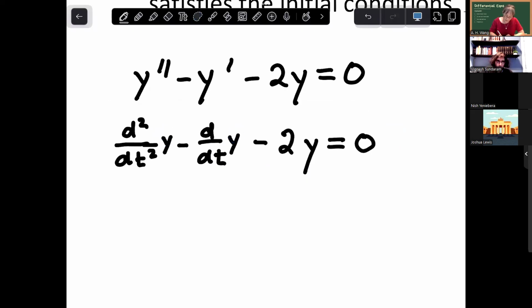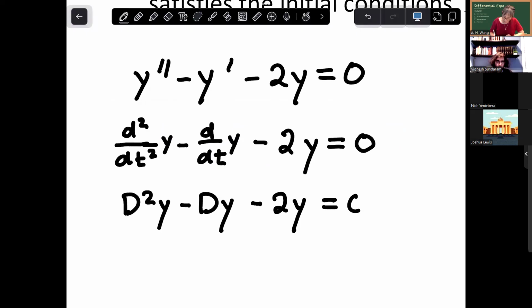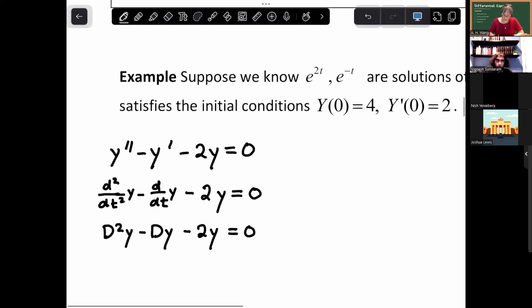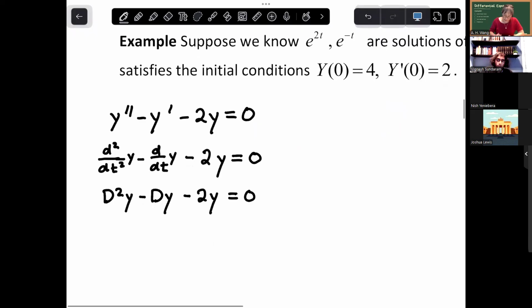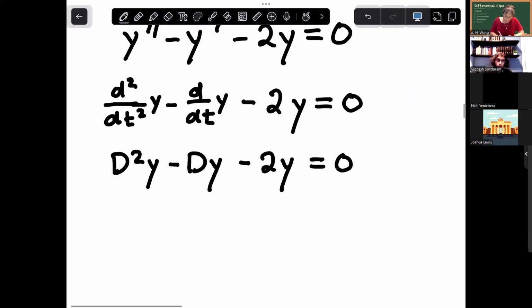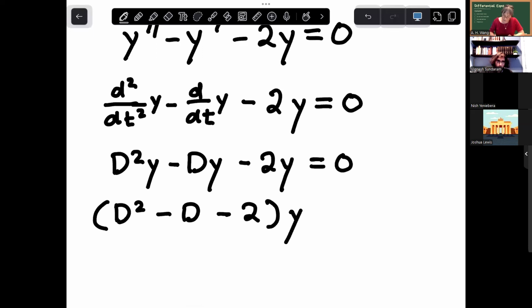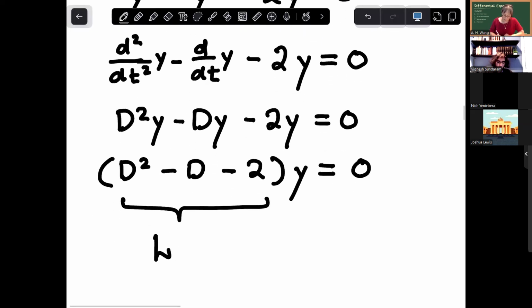So when you write it this way, it's like this. I'm just writing the same differential equation like 5 or 6 different ways. And you can label this guy to be your linear operator with constant coefficients.